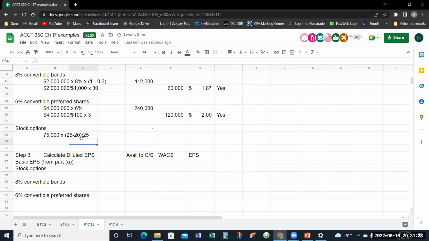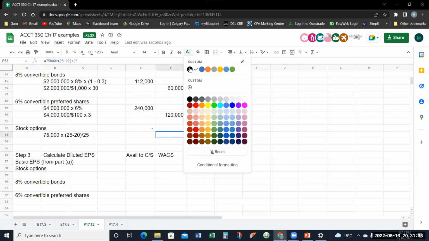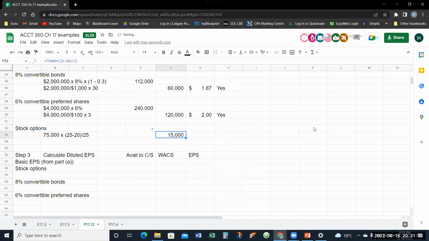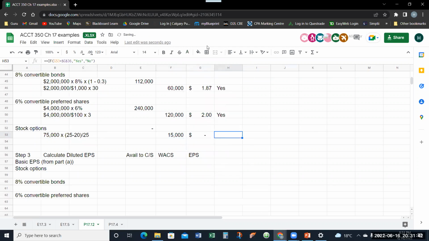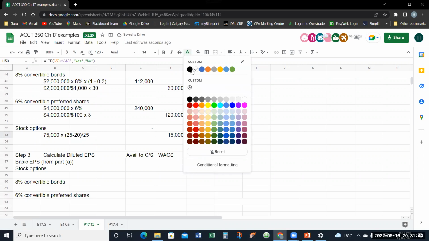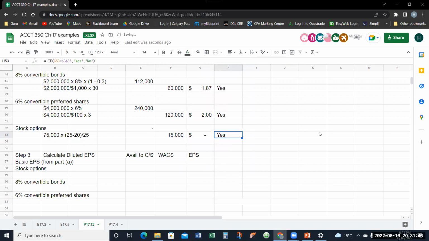And how did I get the 5? It's $25 average market price minus $20 strike price. So this math will work out to 15,000 common shares. And 0 divided by 15,000 is 0. Is it dilutive? Of course, right? Stock options will always be dilutive under these circumstances.